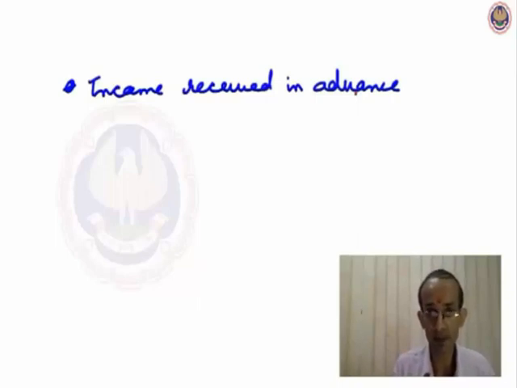See, only personal and real account are shown in the balance sheet because nominal account is not shown in the balance sheet, it is always shown in the income statement. So on the liability side of the balance sheet, we show only personal account. So we have seen the natural personal account, artificial personal account and representative personal account.